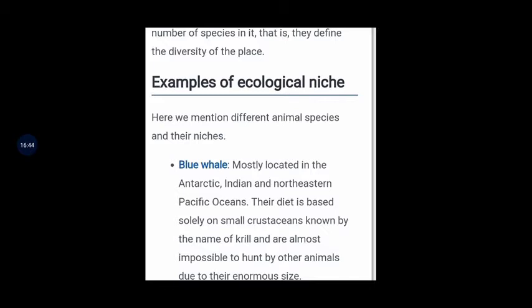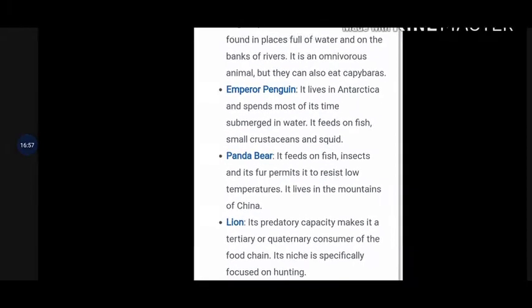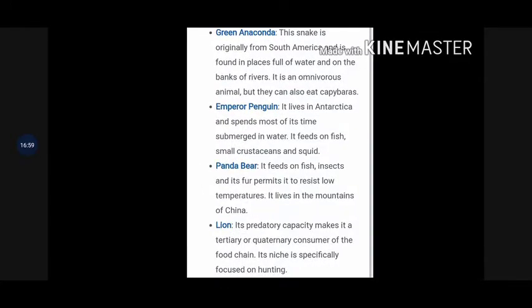Their diet is based solely on the small crustacean known by the name of krill, and they are almost not hunted by other animals. So the blue whale occupies this area as an ecological niche.